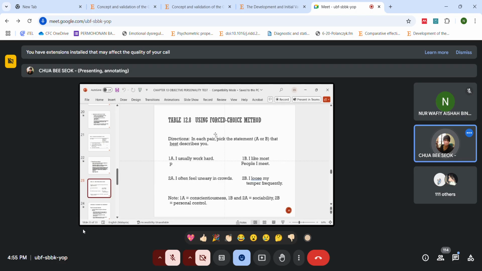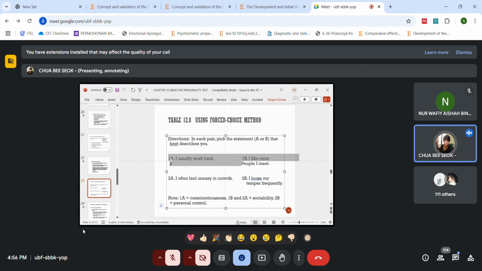Another way to control is the forced choice method. In the item, you pair items that have the social desirable tendency. For example, item 1 has 1A and 1B.